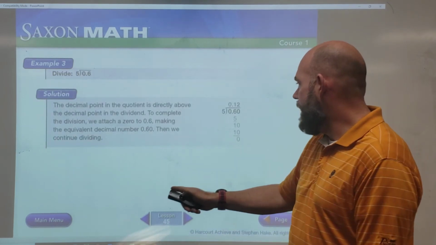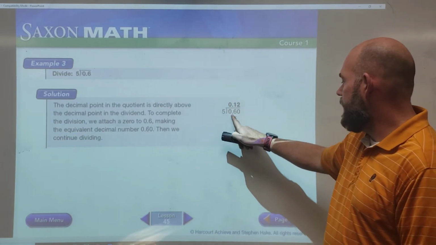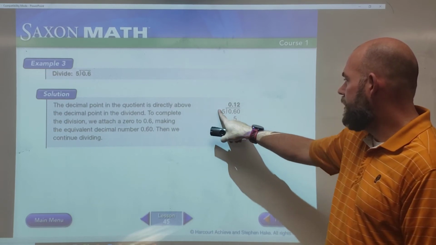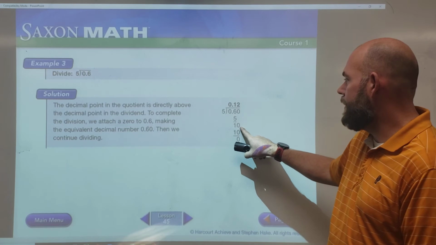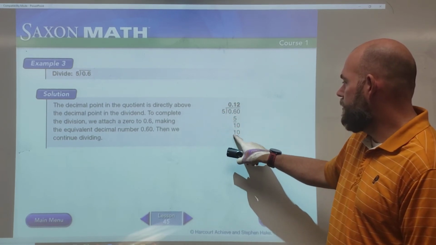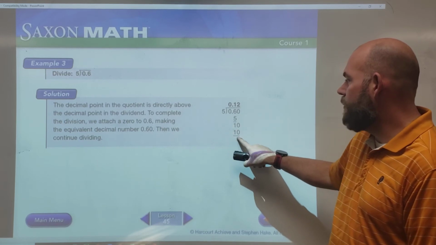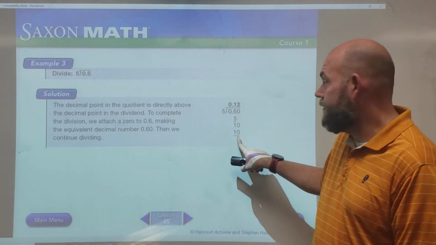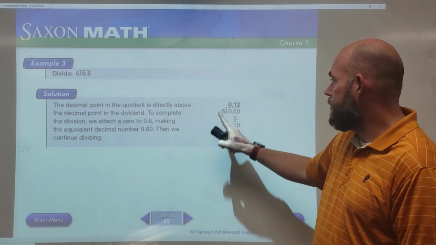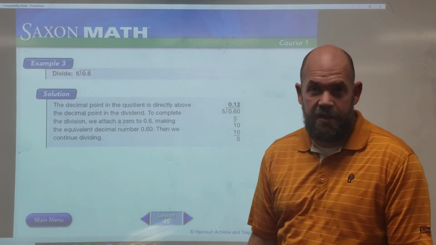Then 5 can't go into 1, but it can go into 10. So 5 goes into 10 2 times, we get 10, and now we have no remainder, so we know our number's done. We have that decimal lined up, we go straight up with it, and we get 0.12 for the answer.